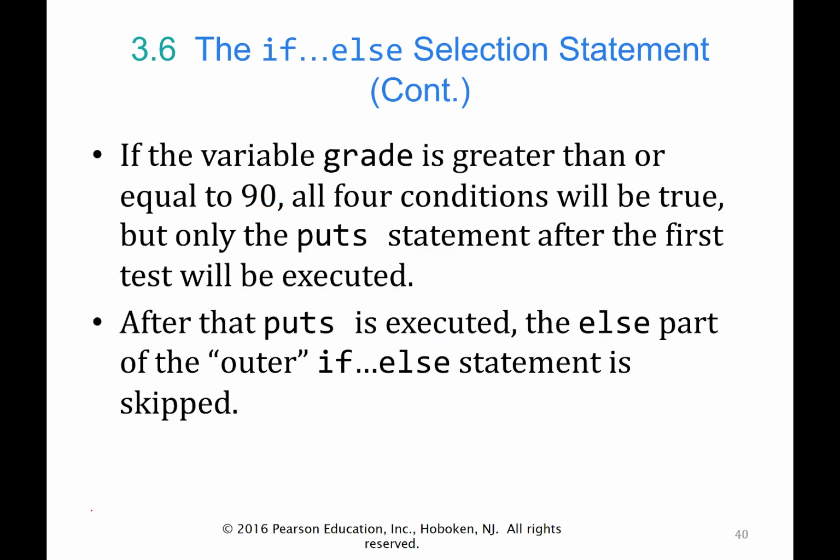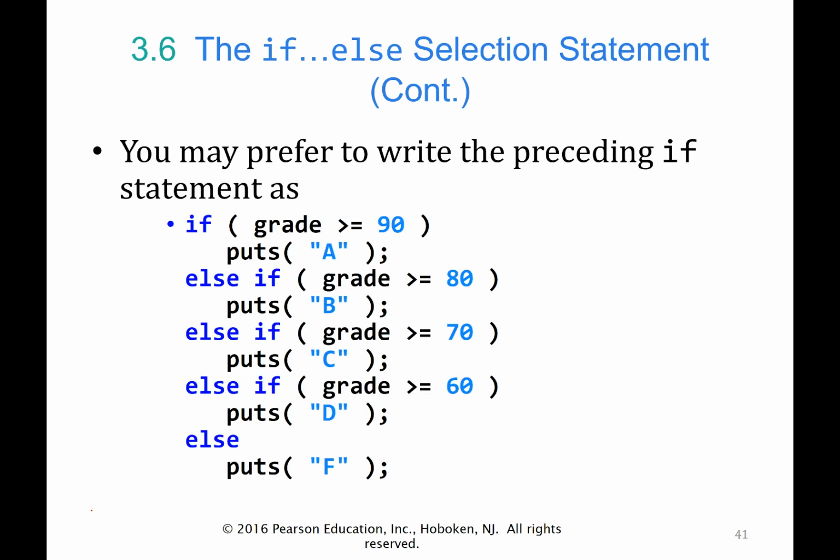Now, normally you would put it this way. This is the way I prefer to indent this, because all these else's are equal in a sense, right there. So if grade is greater than or equal to 90, we puts. Oh, and we also kind of slipped a new command in there, and that's the puts, which actually is like the printf right there.